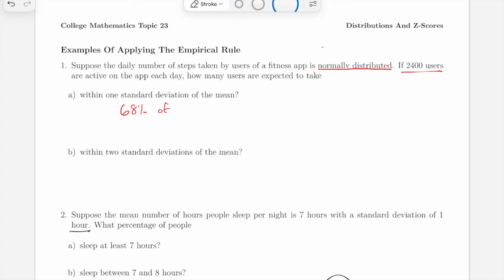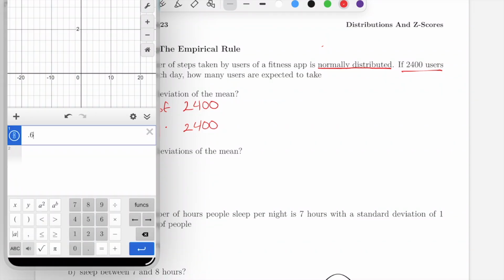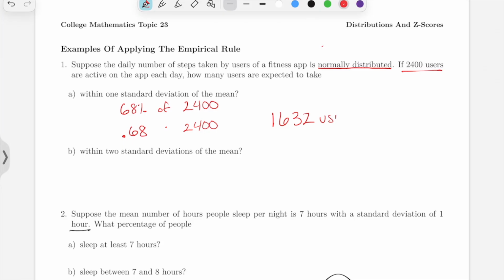So 68% of 2,400. That's about how many users are going to be within one standard deviation. So we'll take 0.68 and multiply by 2,400. That's 1,632. So 1,632 users are within one standard deviation.